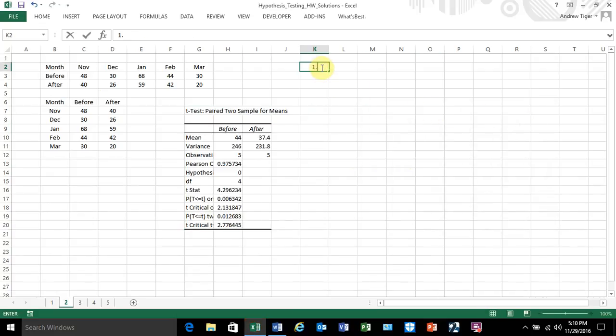So step 1, I'm looking at the average differences. The null is that the average difference equals 0, and I'm going to try to prove the average difference is less than 0 or greater than 0, if I do the before first.